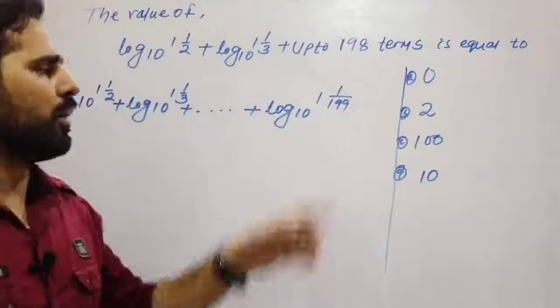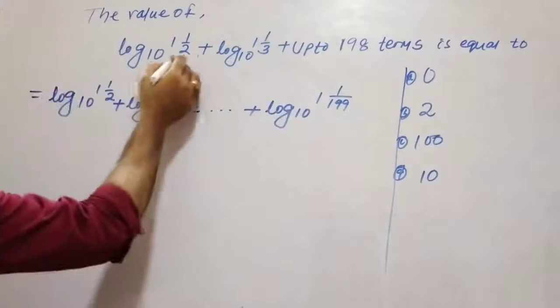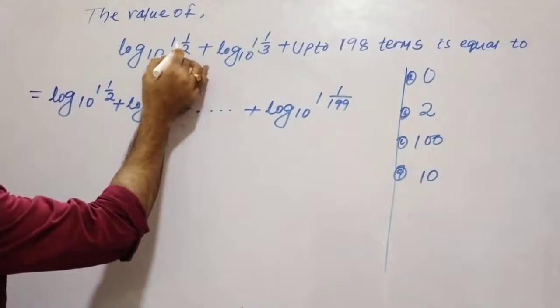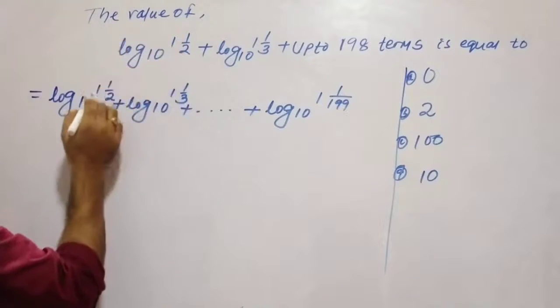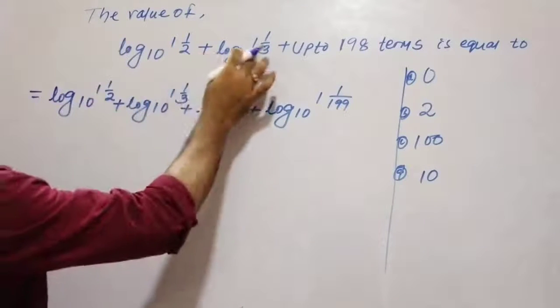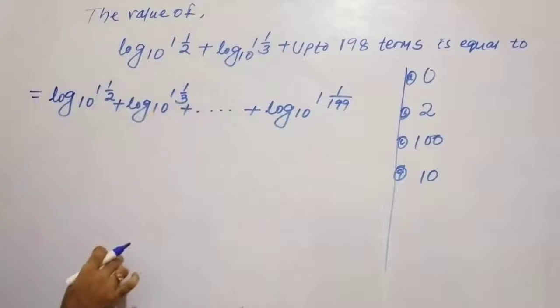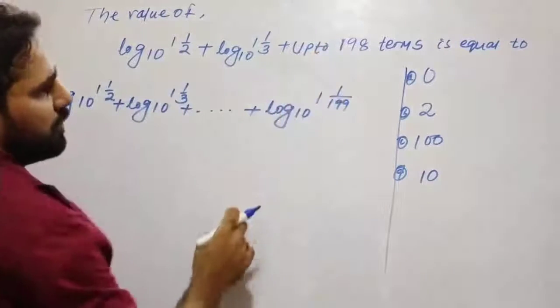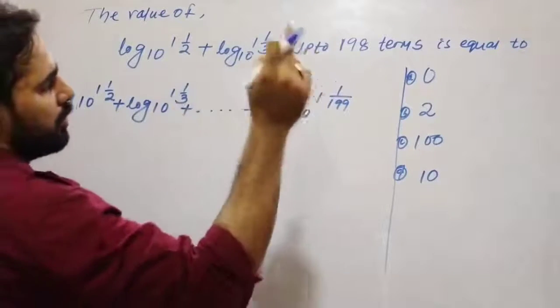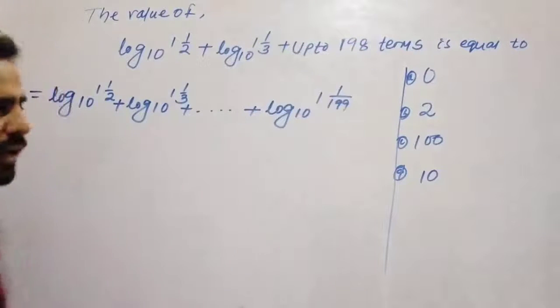How is the value 199? Check here. The first term's denominator is 2. The second term's denominator is 3. Up to 198 terms means the last denominator is 199.